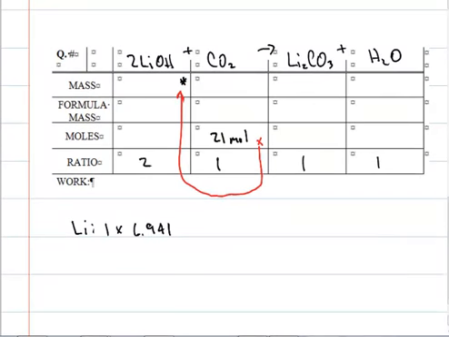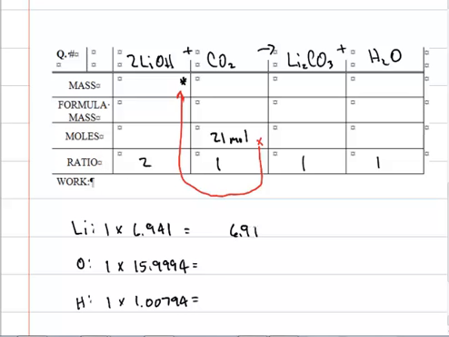And the others, the oxygen we know, 15.9994, and the hydrogen is 1.00794. So, lining up our decimal points, we get 6.941, 15.9994, and 1.00794.